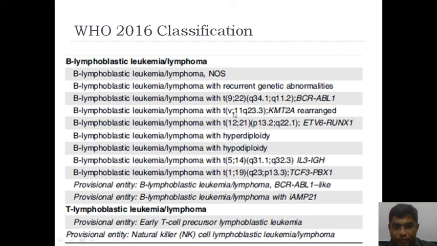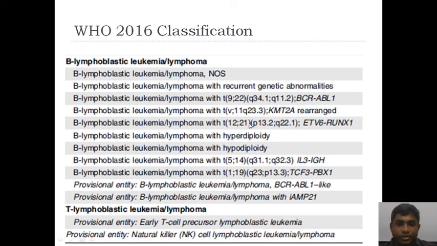Then B-ALL with translocation involving 11q23, what we call KMT2A rearranged, and B-ALL with translocation 12;21, which is due to fusion of these two genes, ETV6 and RUNX1, and B-ALLs with hyperdiploidy and hypodiploidy. Hyperdiploidy is the one in which the number of chromosomes is increased, and hypodiploidy is one in which the total number of chromosomes is less than diploid.